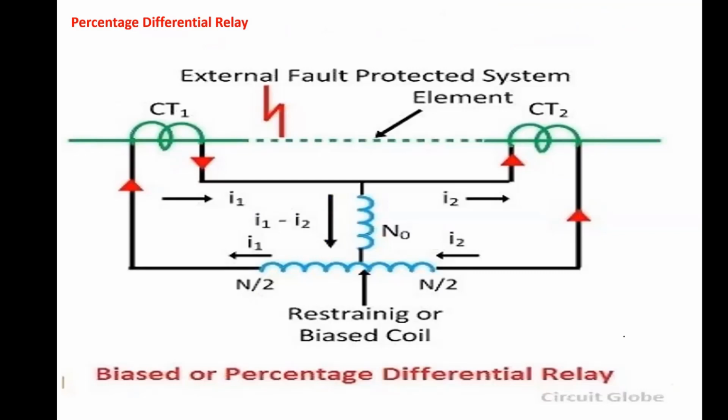Okay. Now, operating magnetomotive force, MMF, is equal to the current flowing through the operating coil times the number of turns, that is, I1 minus I2 times N0.